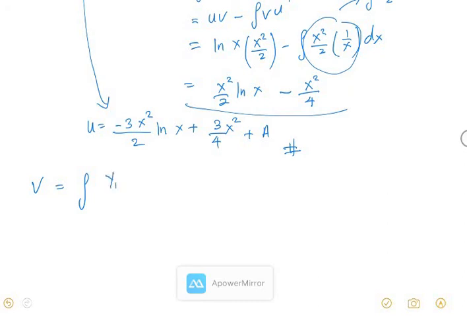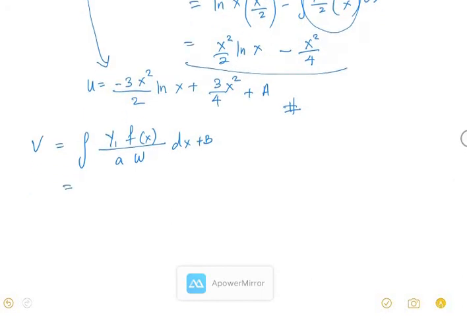The value of u, so u equals negative 3 times this: negative 3 x squared divided by 2 ln x plus 3 over 4 x squared is the value of u.